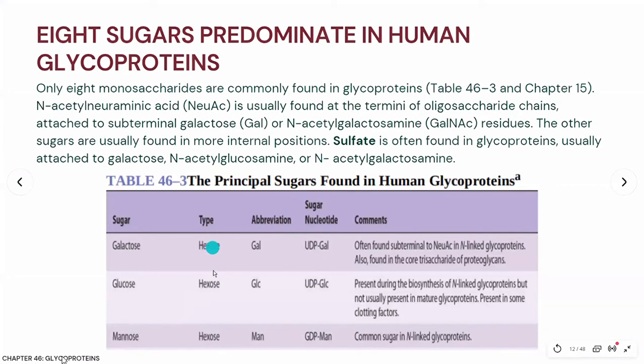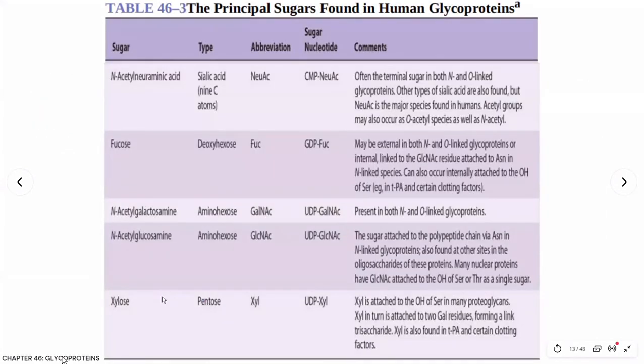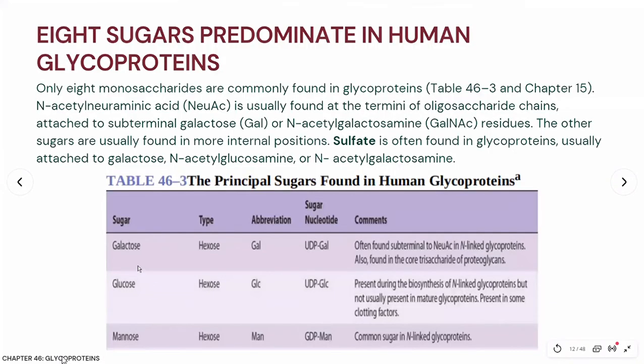Now, we know that our blood sugar is glucose. Now, this glucose can be transformed into galactose, or this glucose can be transformed into mannose.